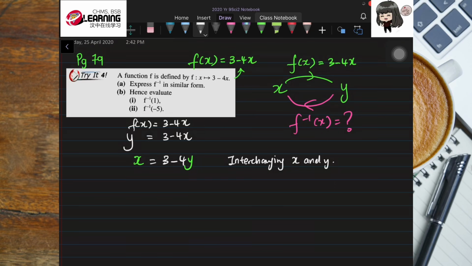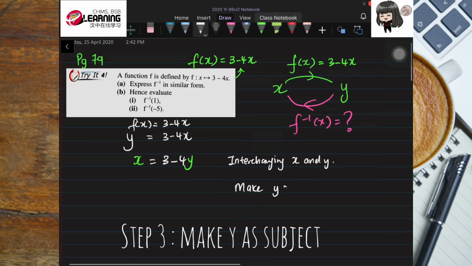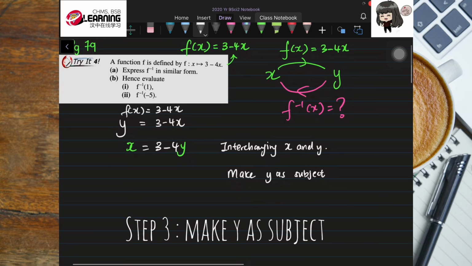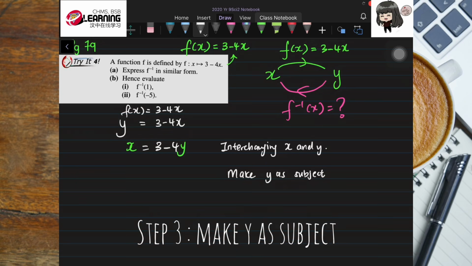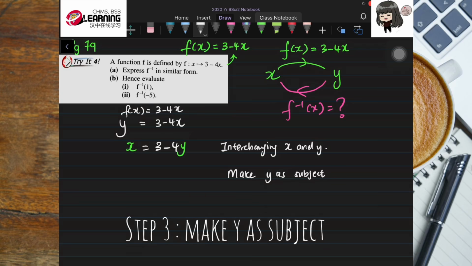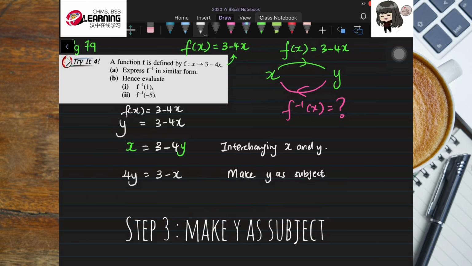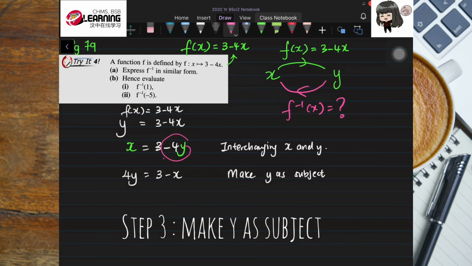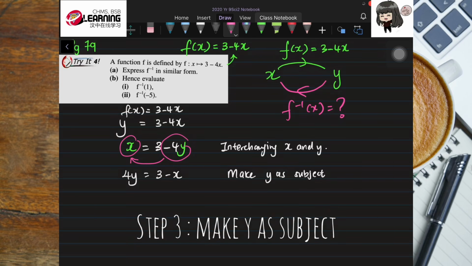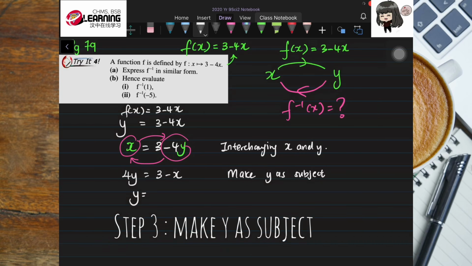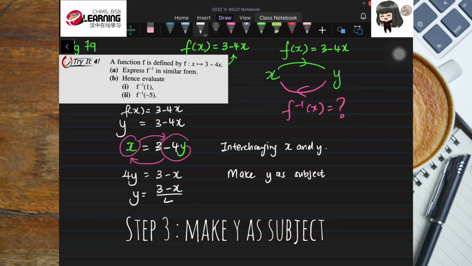And then you make y the subject. So negative 4y becomes positive 4y, and 3 minus x. This negative 4y becomes plus 4y, and x moves over to become minus x. Then y equals 3 minus x over 4.